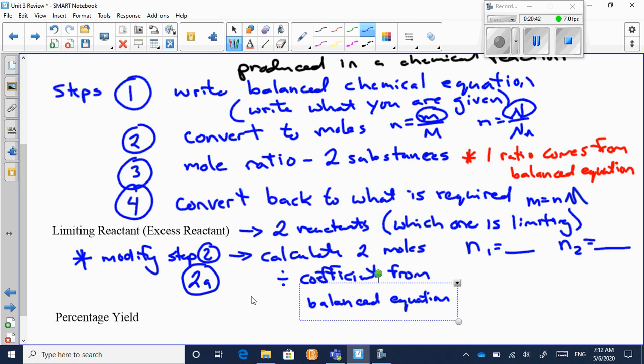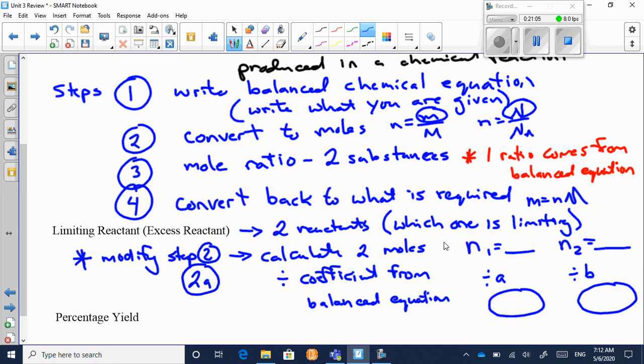Now once you've done that 2A, you divide by whatever the coefficient is. I'll call it for this one, little a, and divide this one by little b. And whatever you get between these two numbers, whichever one of those is the lowest is your limiting reactant.